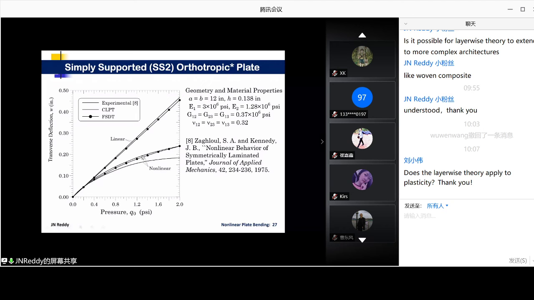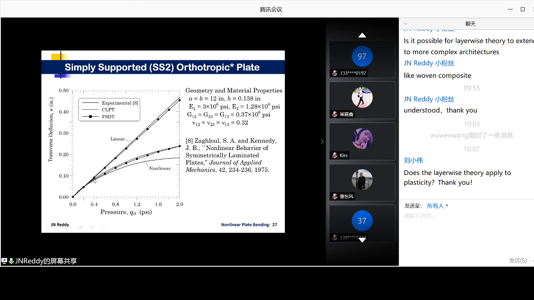And the experimental is right above that. So the first order shear deformation theory has quite a bit of accuracy compared to the classical laminate plate theory. Early on, they're all the same because the effect of shear deformation is not felt, because it's a thin plate.